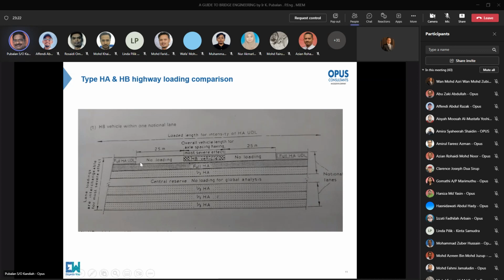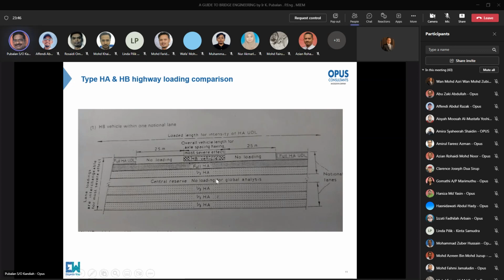So as long as you use a diagram similar to this to load it into your structure analysis, then the design of the beams should cater for your HB vehicle. You just change the HB vehicle loading for the type of HB vehicle you want to allow. So you definitely cannot allow HB in all the lanes.